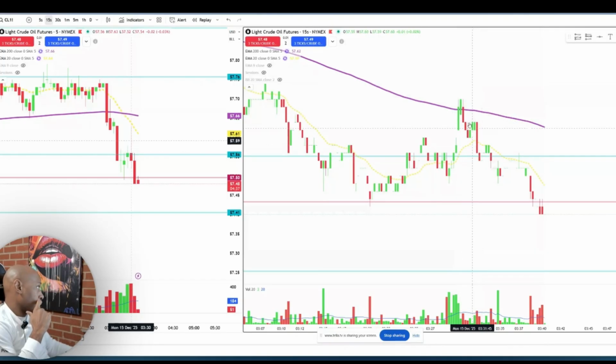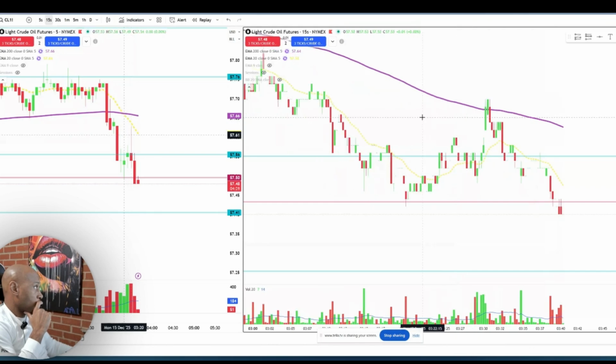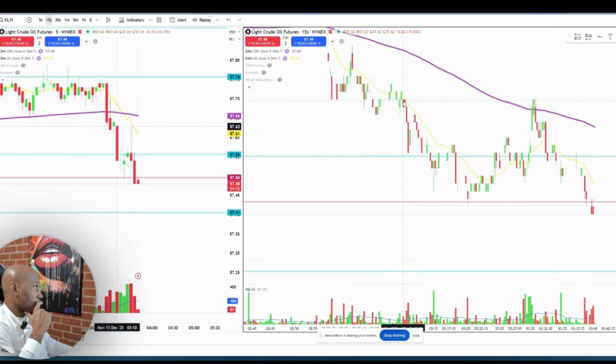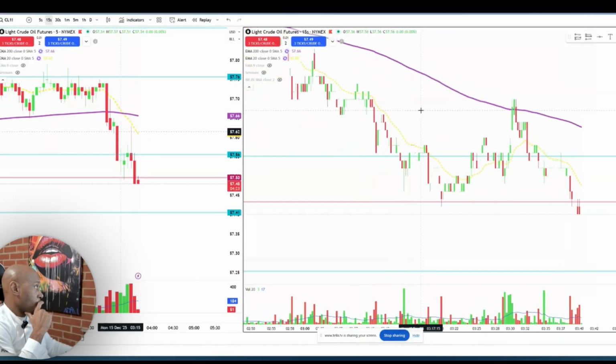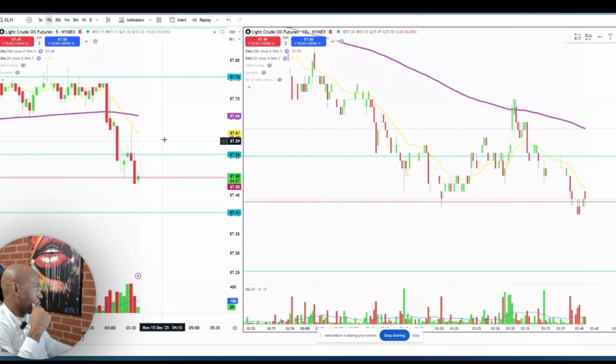I probably could have took that too, because I would have been off it too. Mm, you know what? I think I did miss an opportunity too. All right. So on the 15-second chart, this 200 EMA is roughly the equivalent of the 20 EMA on the 5 minute.